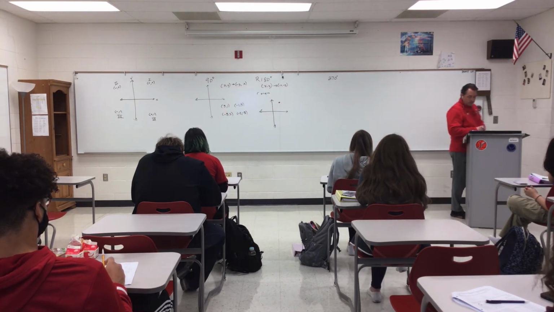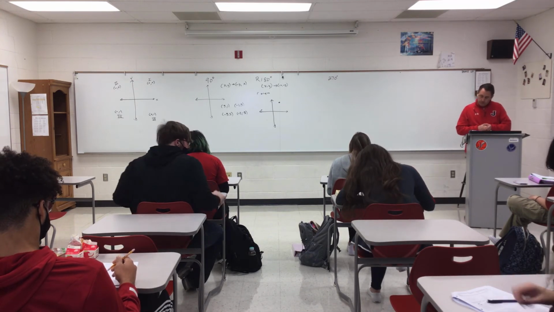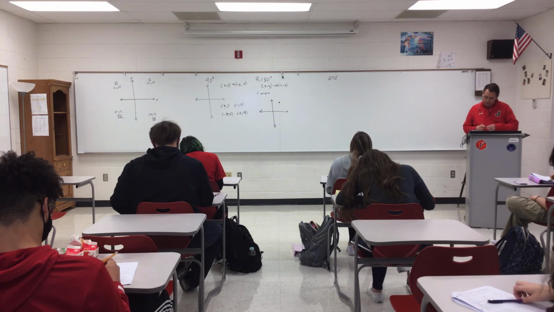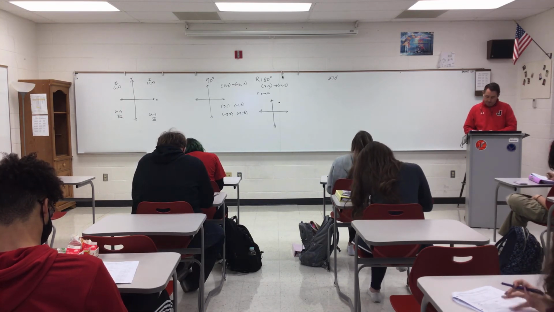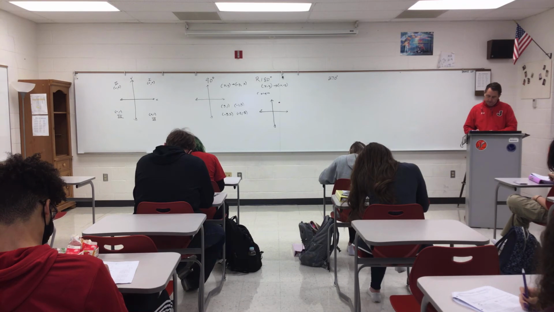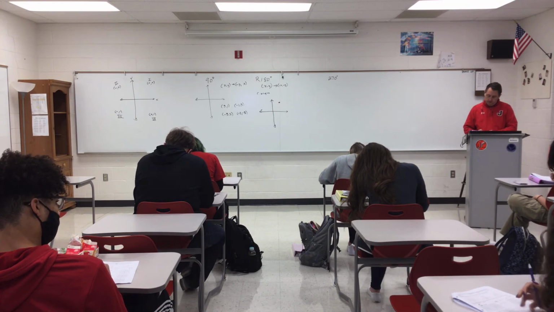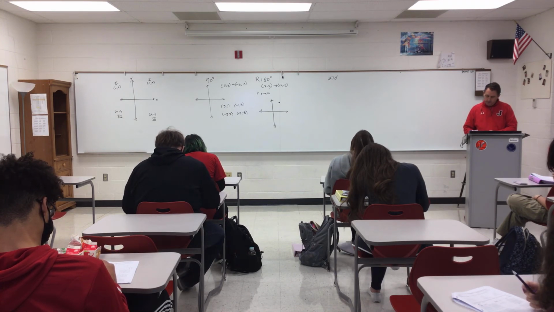All right, let's go down to the last one, 270. On 270, do you guys agree that we got (3, 1) again? This time it becomes (1, -3). F, we start out with the same point we've been doing, (-3, 2). It becomes (2, 3).